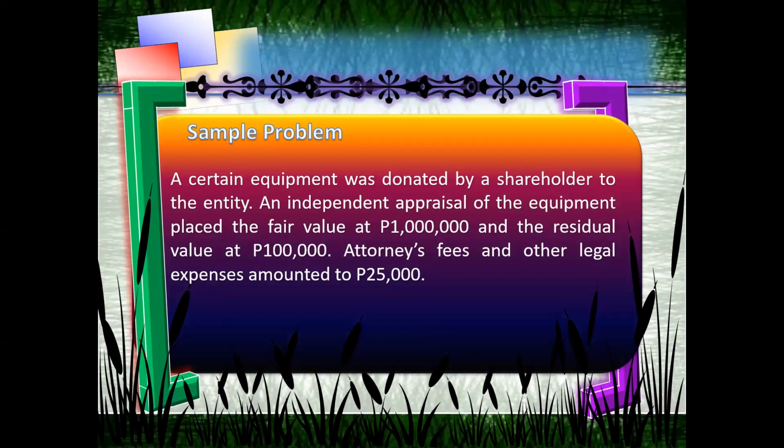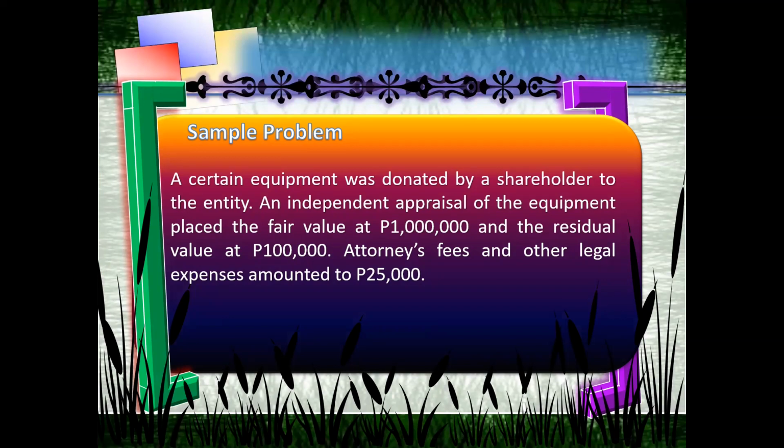Attorney's fees and other expenses amounted to 25,000. If the question is how much should be reported as cost of the equipment, the answer would simply be 1 million, the fair value of the asset received.